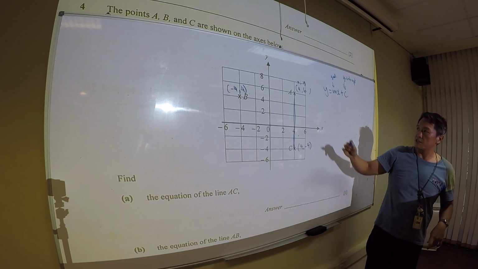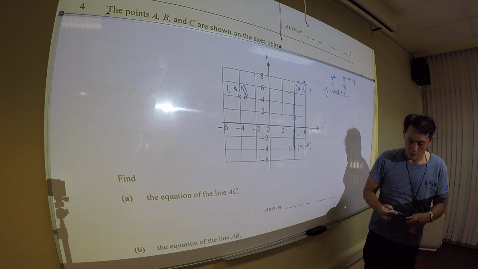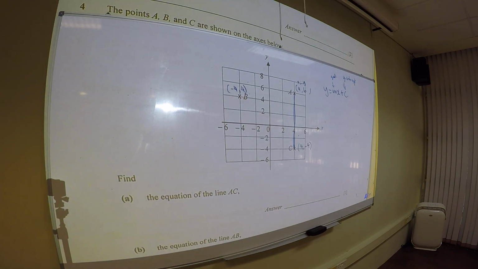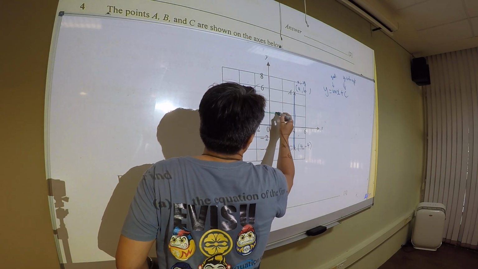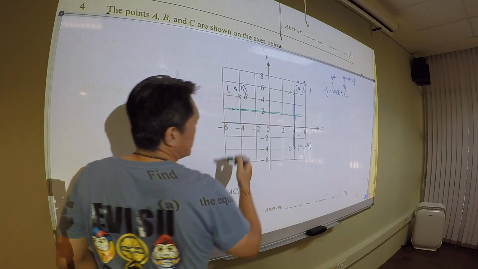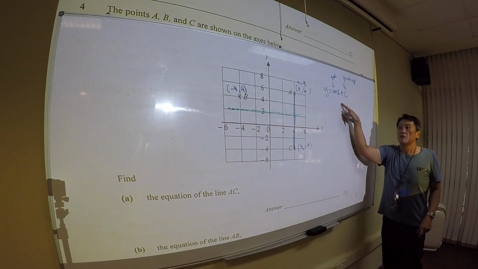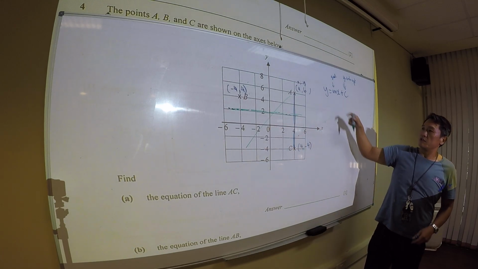The 2 special cases are a vertical straight line, and the second case is a horizontal straight line. These 2 lines have special equations that don't look like this. Normally, any other slanted line will follow this equation.